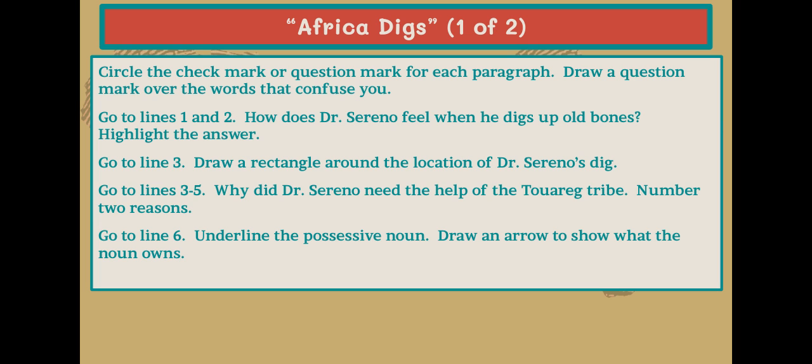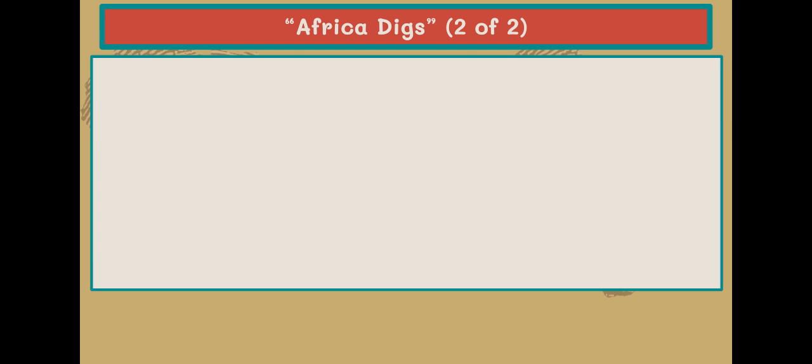Go to line 6. Underline the possessive noun. Remember, the possessive noun is the noun with the apostrophe in it. You're going to draw an arrow to show what the noun owns. Go to line 7.